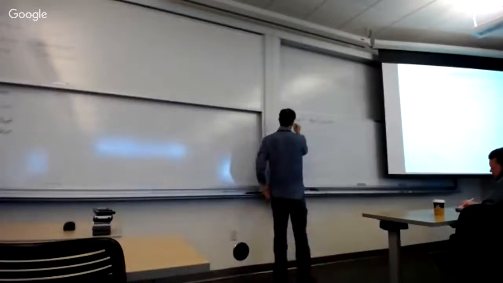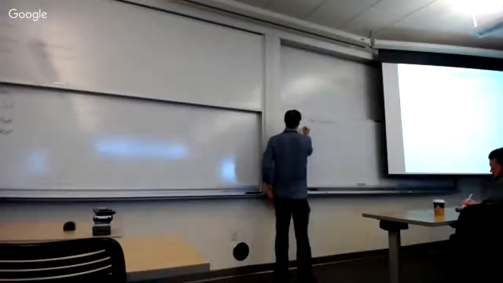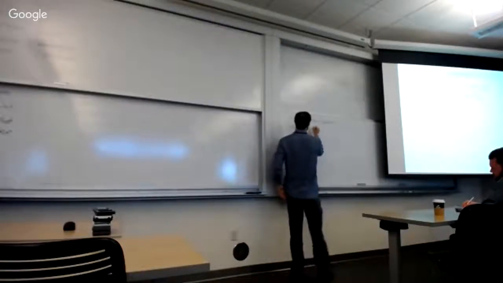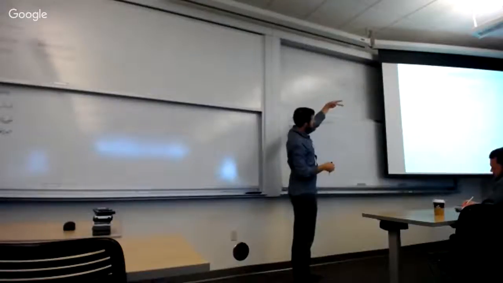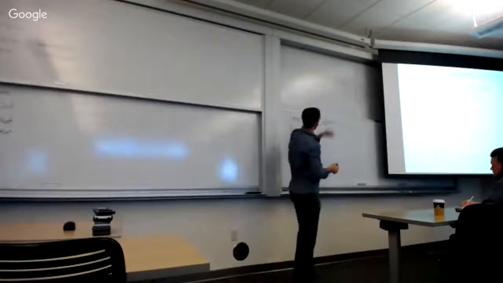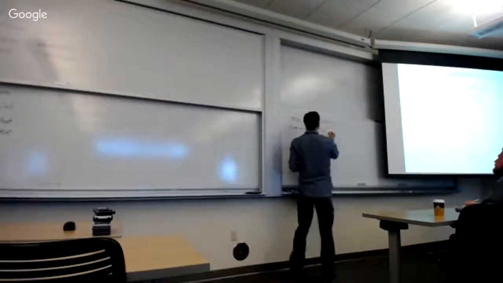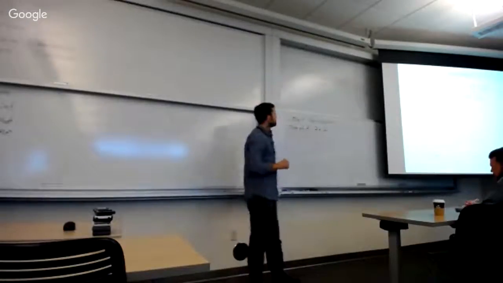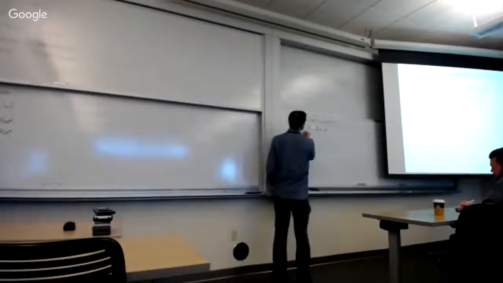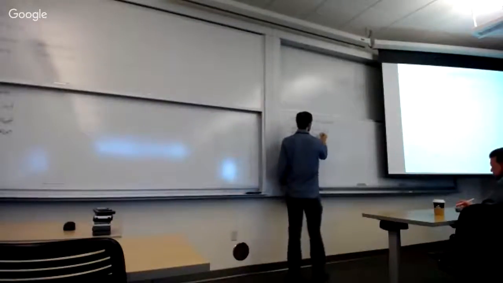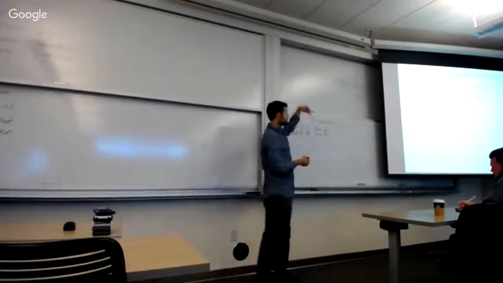So if we look at the size of matrix A, how many rows? 2 rows, and then how many columns? 2. So the size of matrix A is called a 2 by 2 matrix because there are 2 rows and 2 columns. Likewise, the size of matrix B is also 2 by 2.